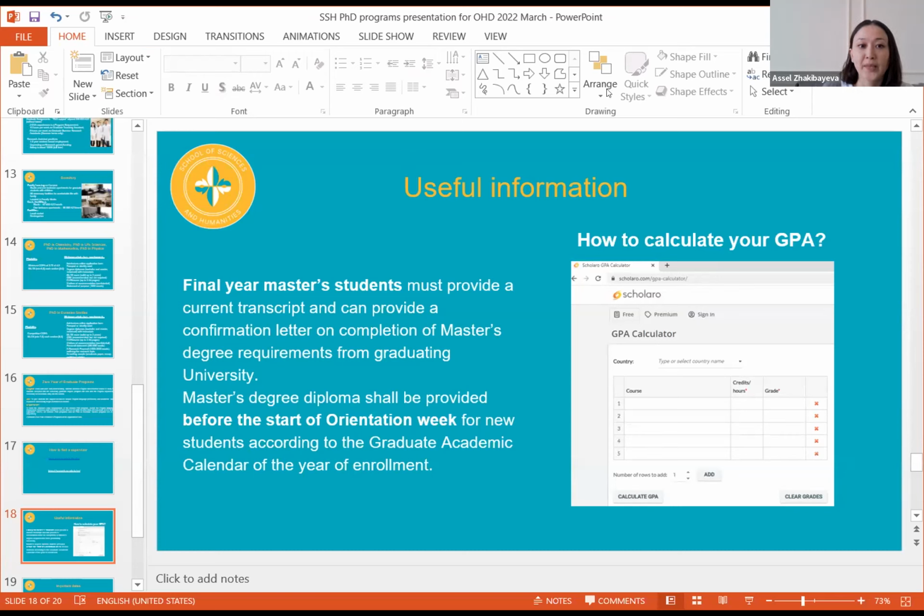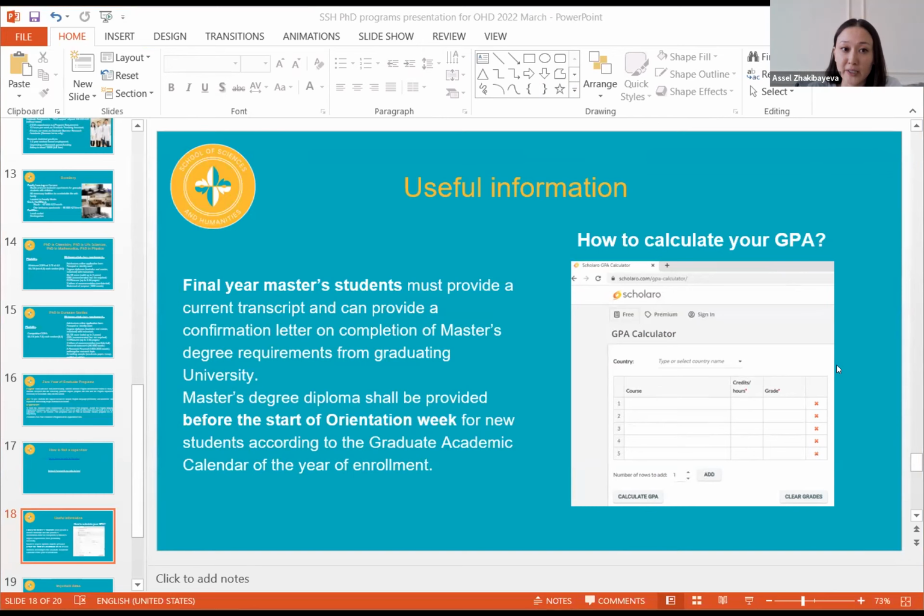application process. For the final year master students, as we said, the deadline for submitting documents is April 18th, but most of the final year master students won't have the degrees in hand at the time of the deadline.